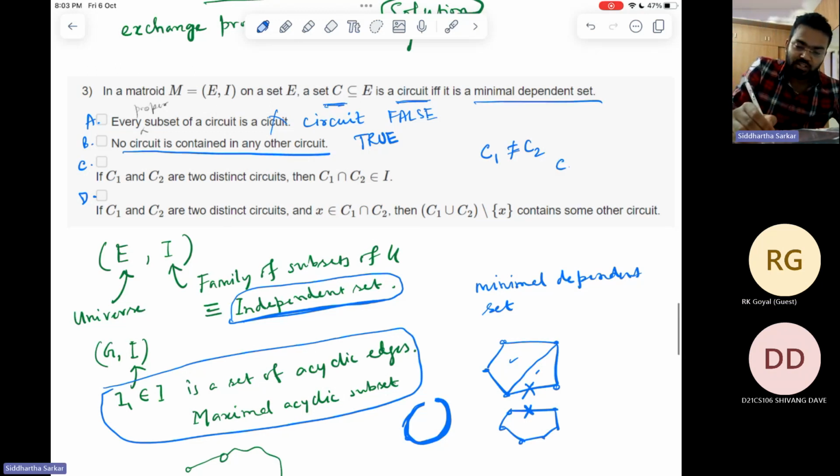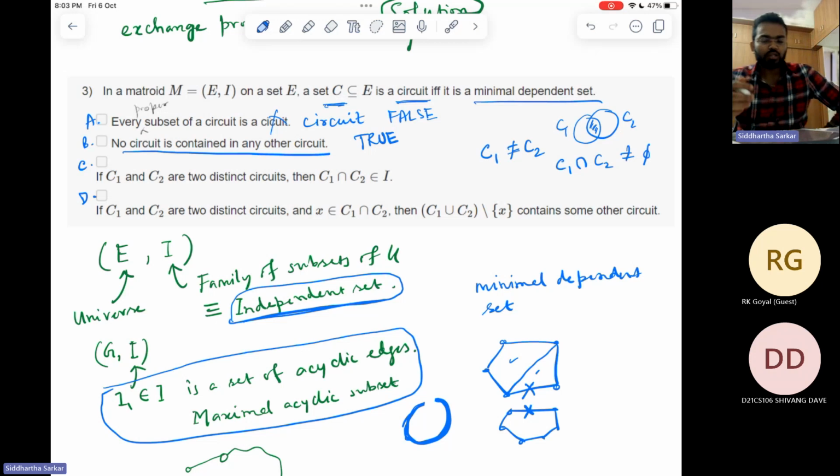No, that is possible, but C1 intersection C2 could be non-empty. There are some elements which are common to C1 and C2, but there is at least one element exclusive to one of them.